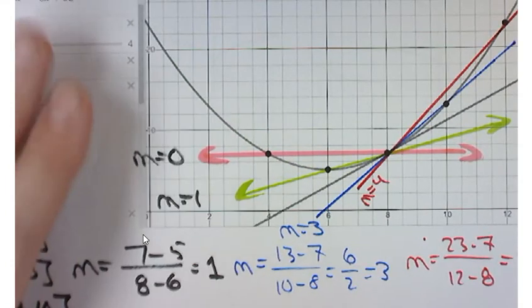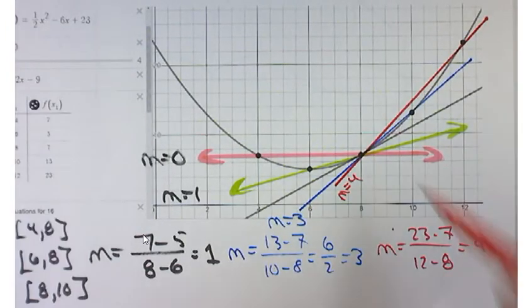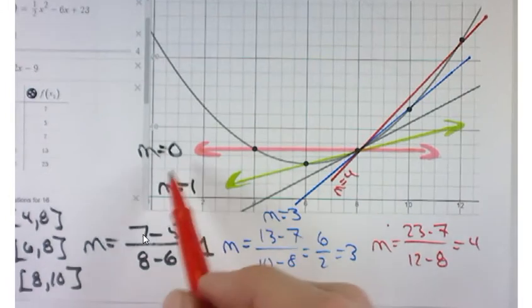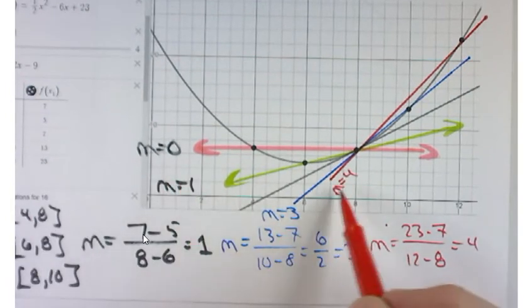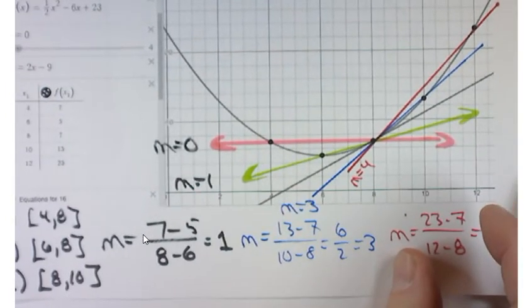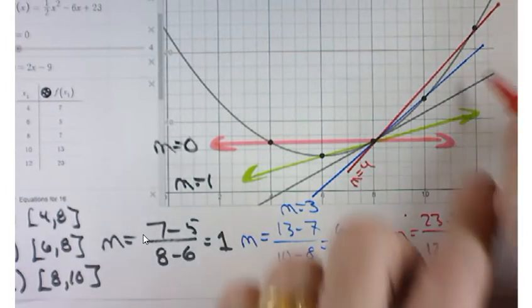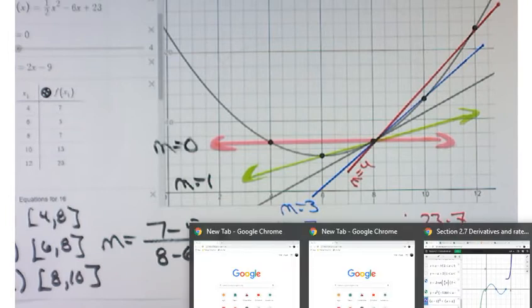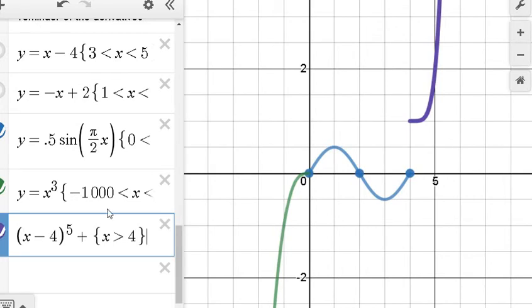So we got several different estimates of the slope of the tangent line. Which one do you think is best? 0, 1, 3, or 4? Which one do you think is closest to the slope of this line right here? Let me help you look at it a different way.